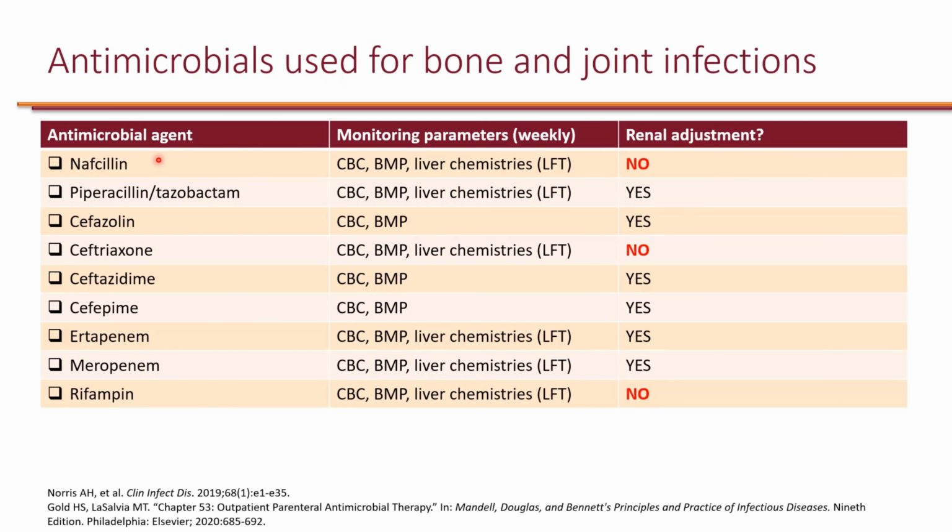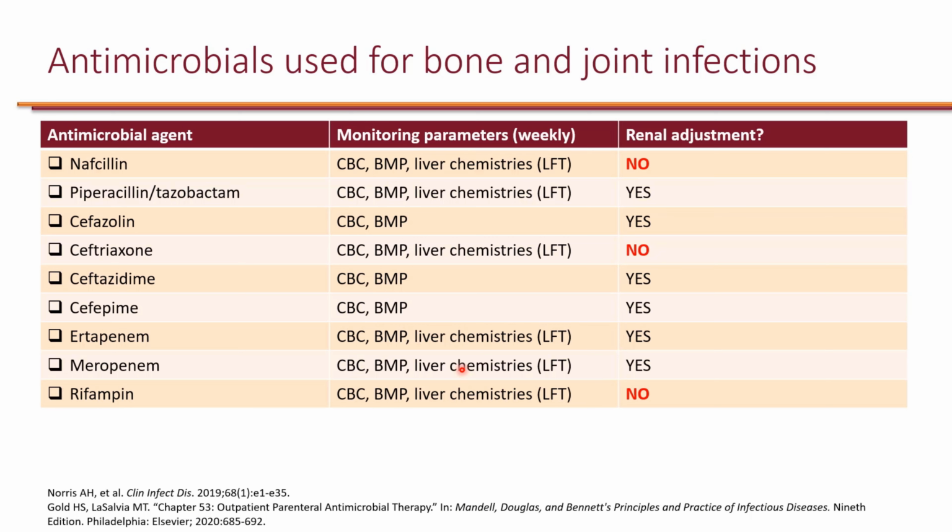Here's a list of IV antibiotics that are used outpatient for the treatment of bone and joint infection. Rifampin is also available as oral, so it is often used orally for the treatment of bone and joint infection. Keep in mind that according to the 2018 IDSA guidelines for OPAT, or outpatient parenteral antimicrobial therapy, it is recommended to check CBC, complete blood count, and basic metabolic panel weekly for outpatient monitoring for all of these agents.